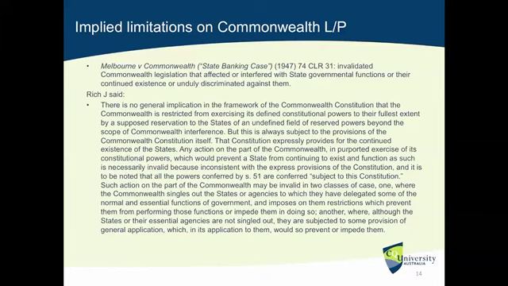However, the High Court in Melbourne versus Commonwealth, looking at the express provisions of the Constitution guaranteeing the continued existence of the states, read this to mean that even those Australian Commonwealth Parliament laws that interfered with state governmental functions would be invalid.